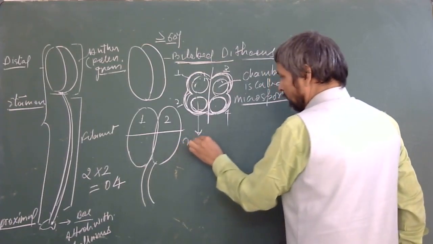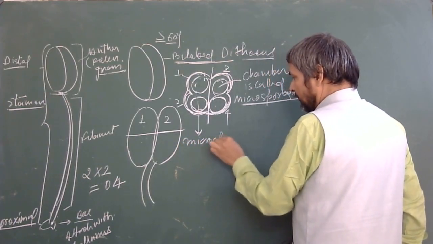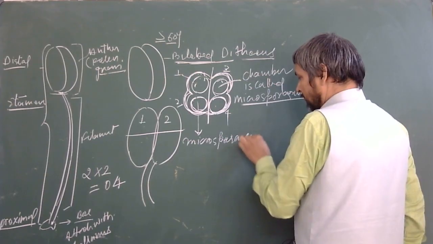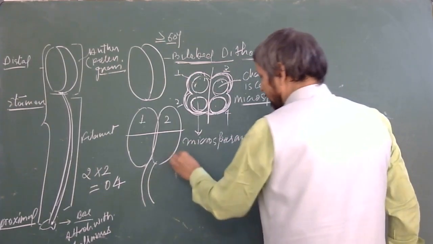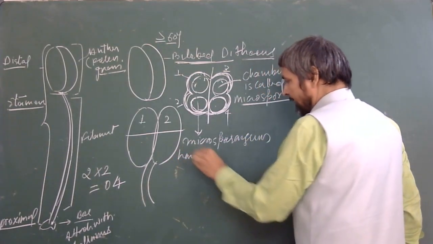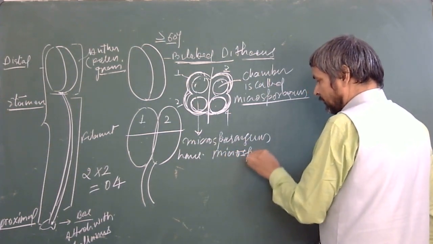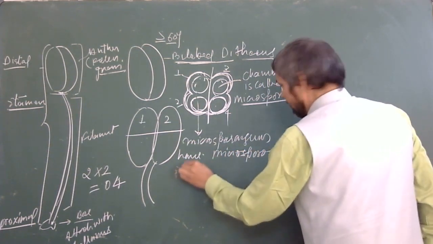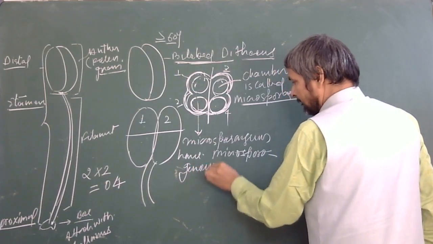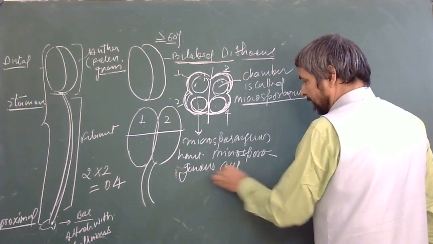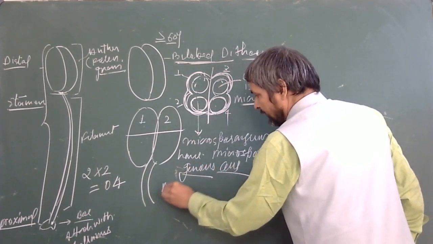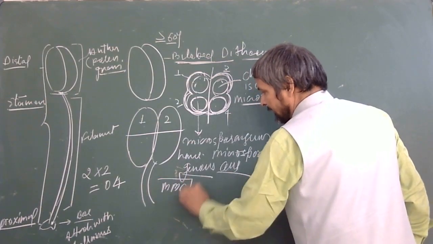So the microsporangium has microsporogenous cells, germ cells, or MMC, microspore mother cell.